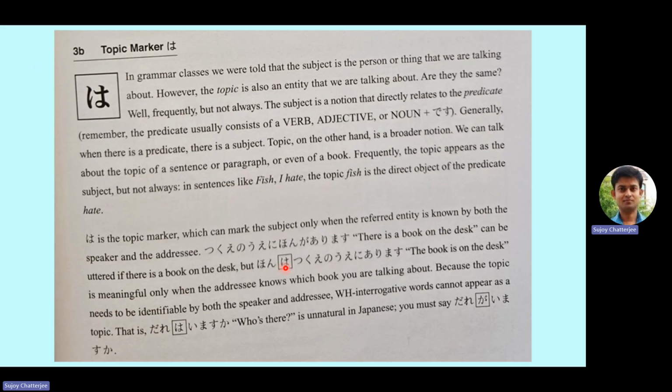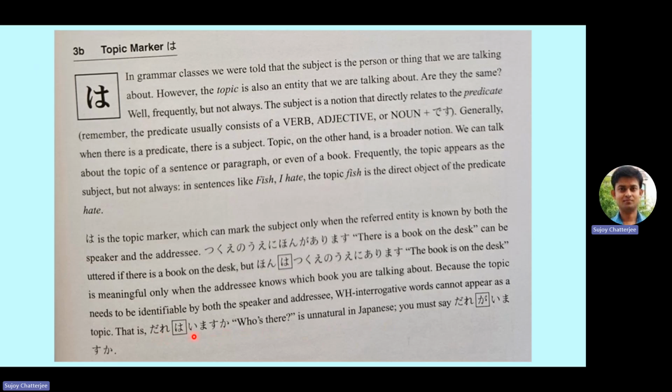Because the topic needs to be identifiable by both the speaker and addressee, WH interrogative words like which, when, why cannot appear as a topic, because when it is an interrogation, we do not know what the answer is. For example, dare wa imasu ka, meaning who is there, is unnatural in Japanese.